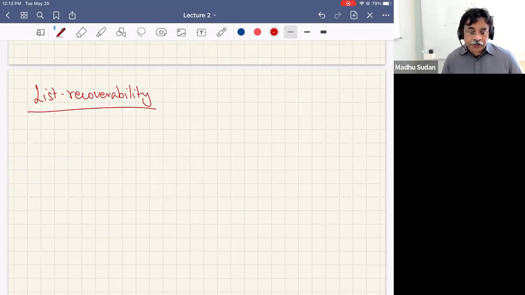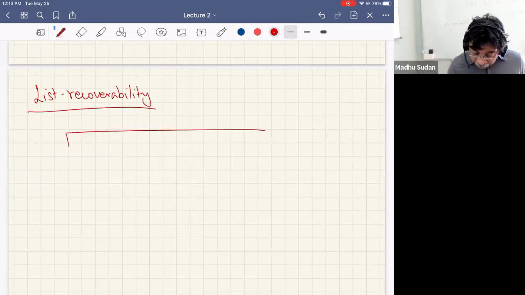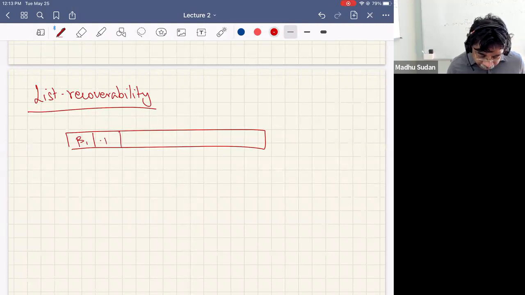Okay, what is list recoverability as a problem? It says, when I transmitted some elements, for simplicity I'll just call them beta 1, beta 2, and so on to beta sub n, where beta sub i is in sigma, a letter of the alphabet.